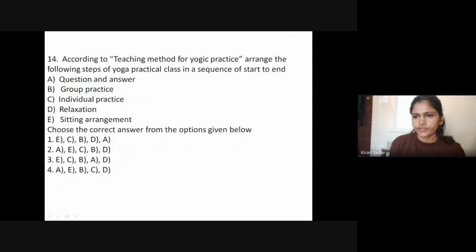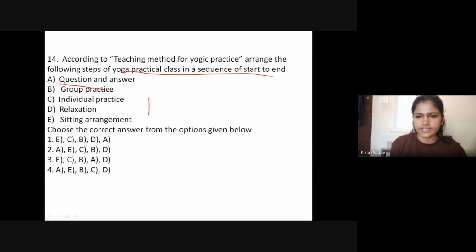According to teaching method for yogic practice, arrange the following steps in a yoga practical class in a sequence from start to end: question and answer, group practice, individual practice, relaxation, sitting arrangement. You have to arrange them in sequence, like first what we do, prayer first.